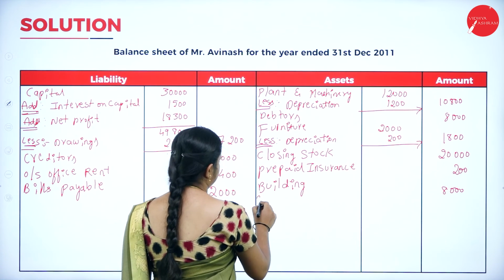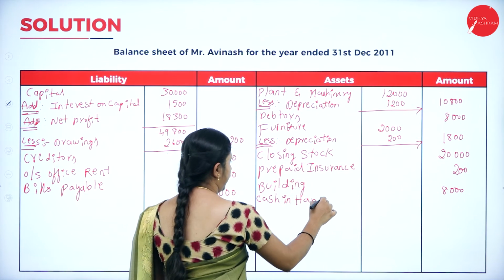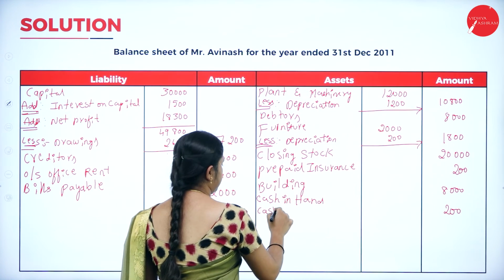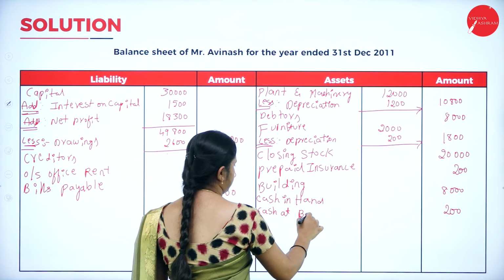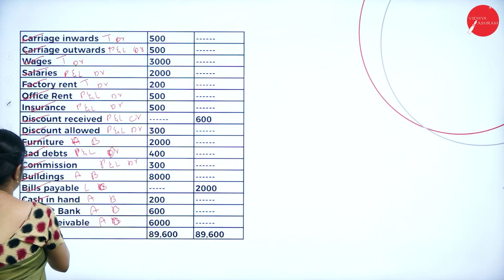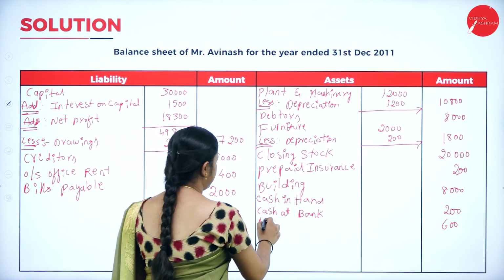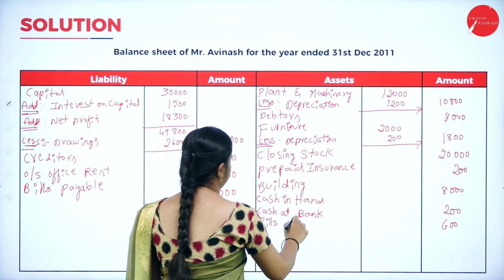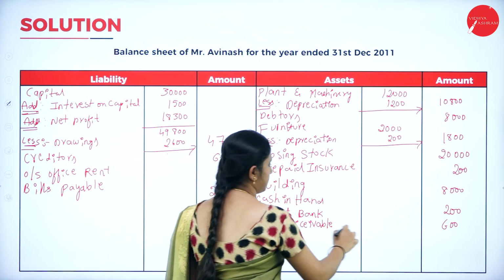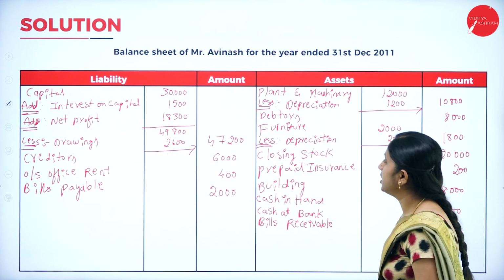Then bills receivable 6,000. So we finished all the balance sheet items.